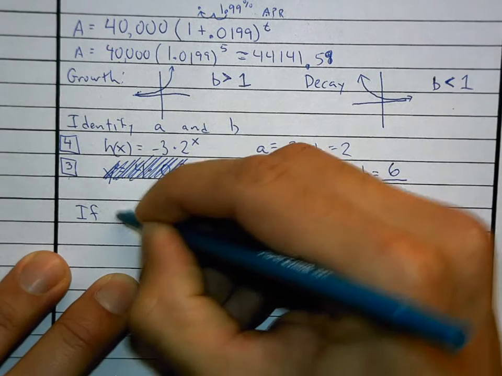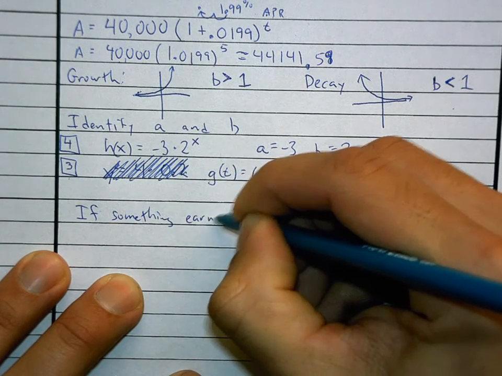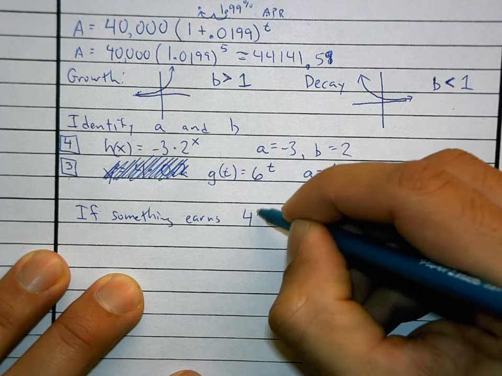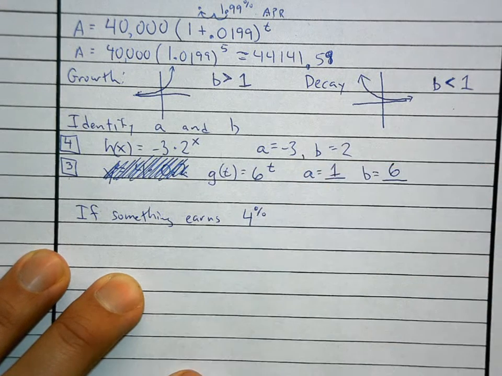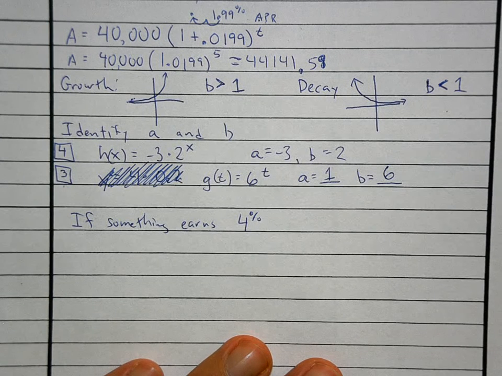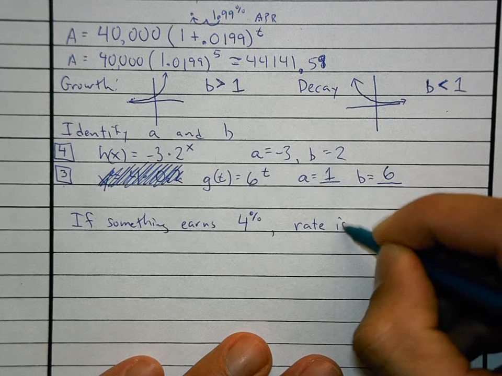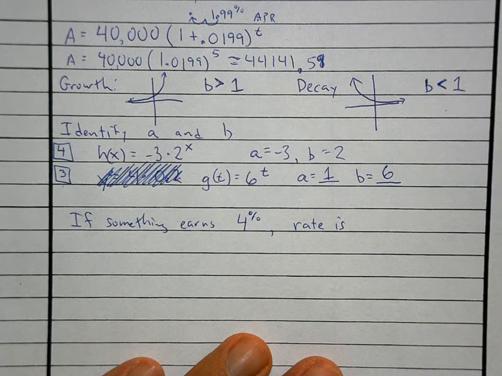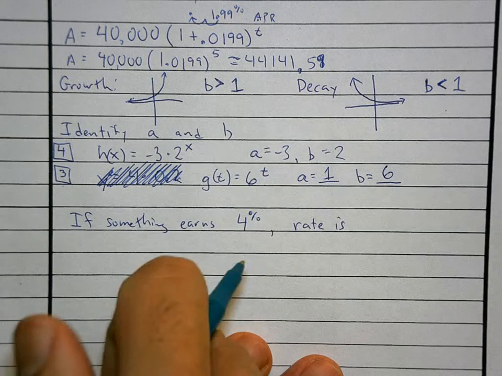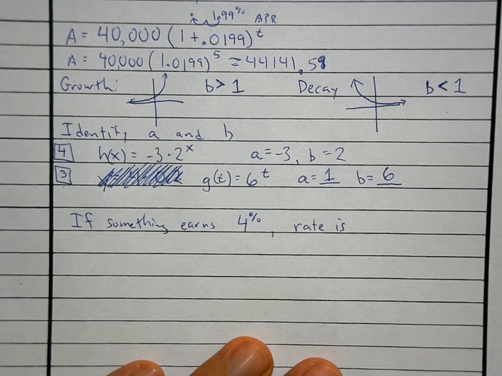If something earns 4% interest, then that means your rate is... when we move a percent to a decimal. Do you remember how to change a percent to a decimal? Move it how many places?